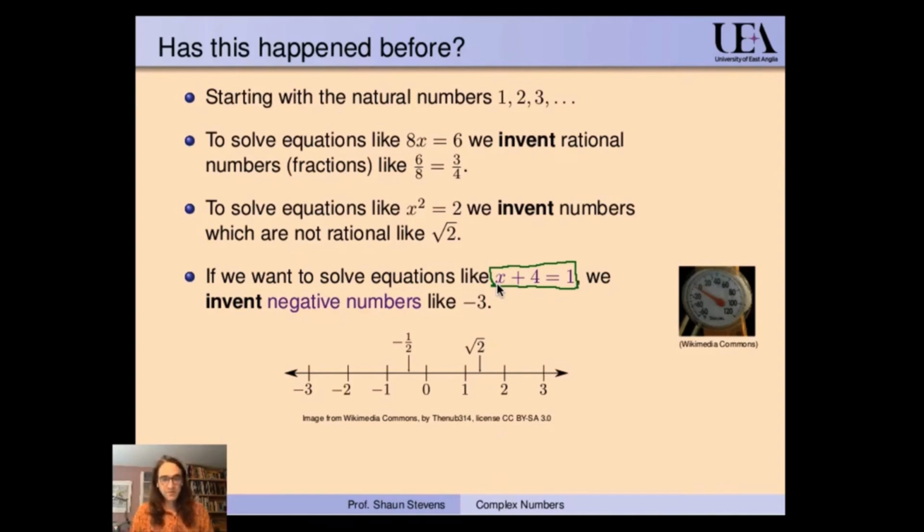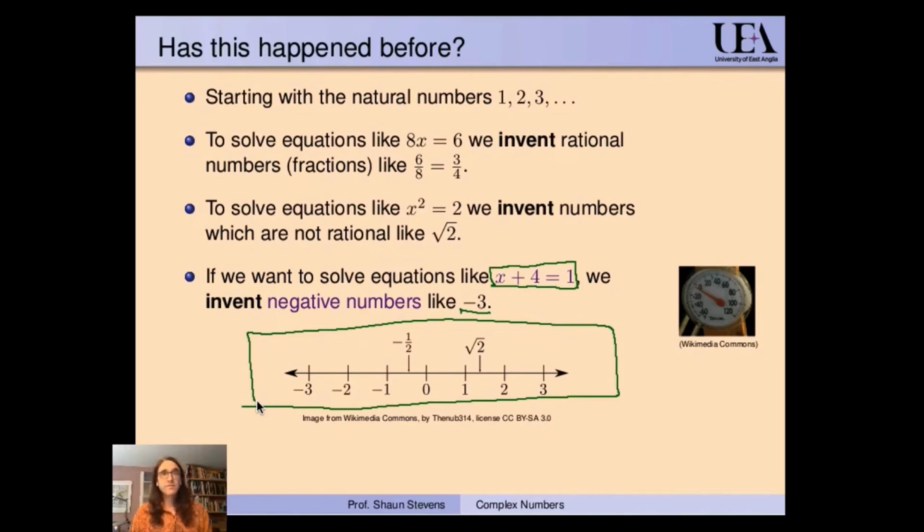Nowadays, we say there are solutions, because minus 3 is a solution. But that's a number that we've had to invent. Now we put all these numbers that we've invented together and we get the real number line, which you'll be familiar with. So we've invented real numbers, and there's lots of invention as we go along.